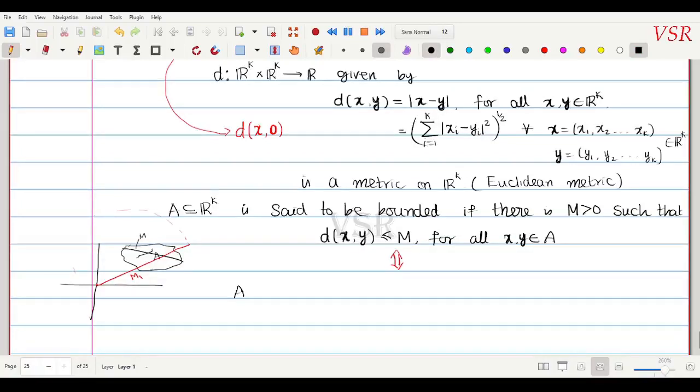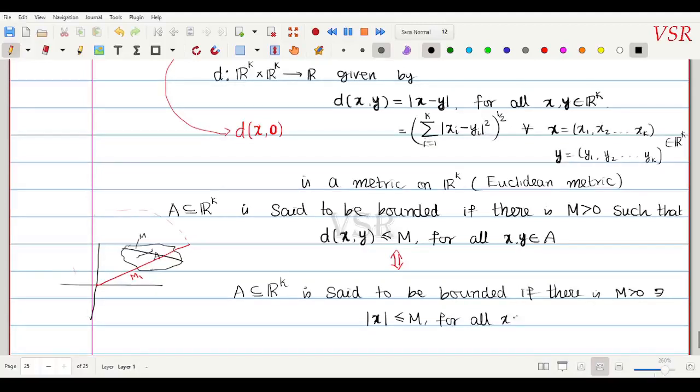A subset A of R power k is said to be bounded if there is M positive such that modulus of x is less than or equal to capital M for all x belongs to A. இது சொன்னா போதும், இது ரெண்டுமே ஒண்ணுதான்.